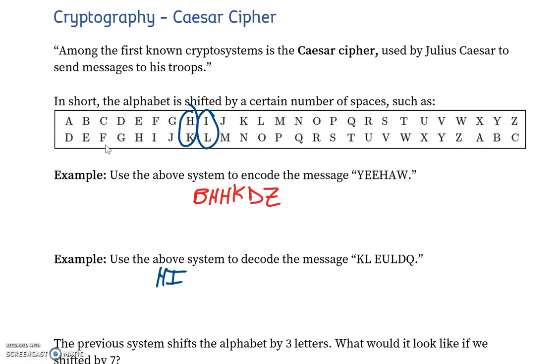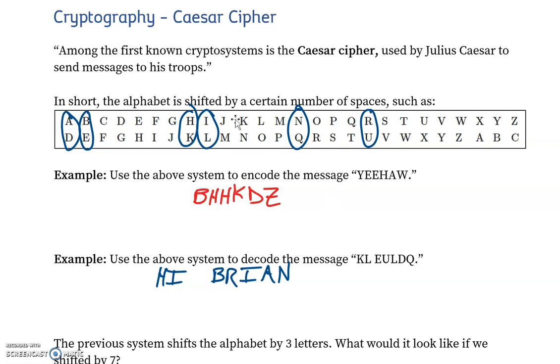And then we go to E. I see E here, that really means B. We go to U, that's R. We go to L, we find that we already used that one, that's just I. D, if we're backing up, we're using A there. And then Q, I find that over here, and it turns out that originally that was an N. So, oh, hi, Brian. Well, nice to see you. So that's kind of the idea of decoding the message.